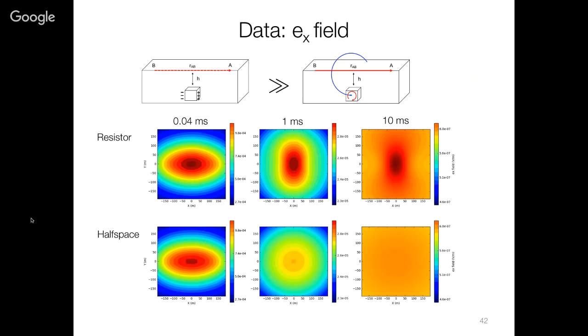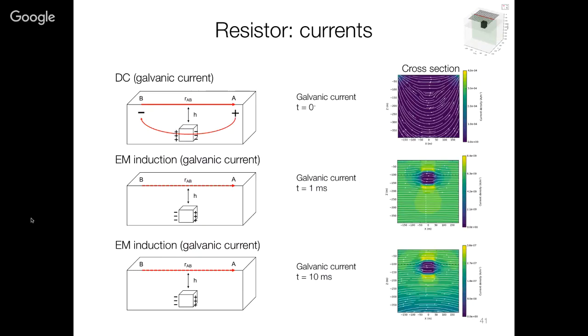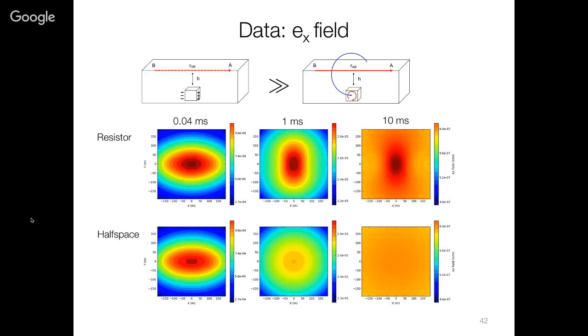So which field now? Yeah, EX, still going to be good. Good to go. So EX, yep, 1 millisecond, kind of looks like that. So there's definitely information in there. What do you think about the magnetic fields?